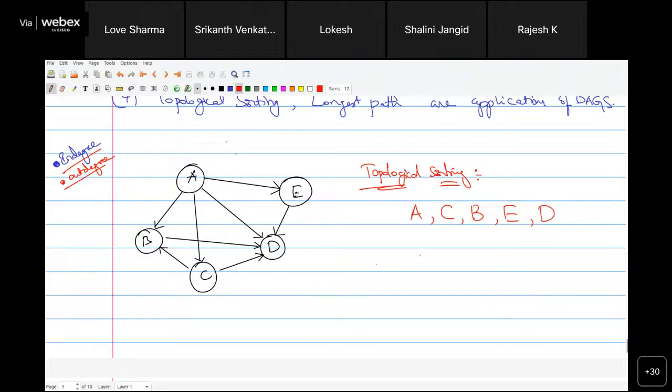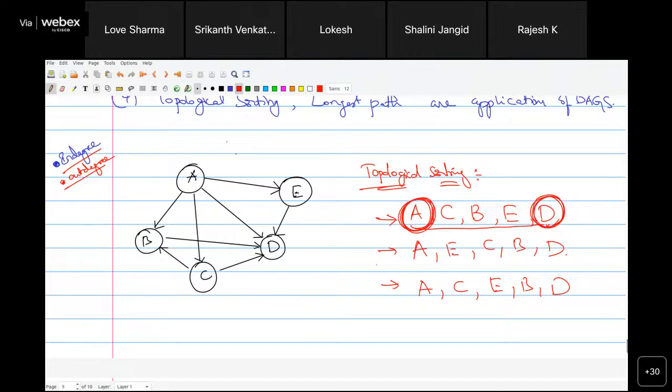Also, you have one more topological sorting: A, E, C, B, D, or else you might have this order also: A, C, E, B, D. So there might be multiple topological sortings, but if you pick any of them, you see the order: the superior task will be at the right end and the primary task will be at the first.